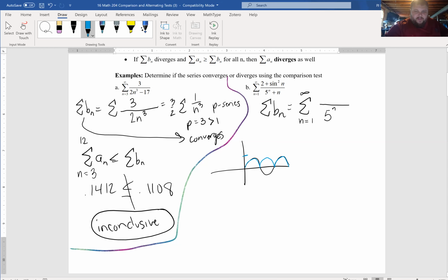What is this value here? Everybody know? Is it just 1? Right, it's bounded by 1, right?